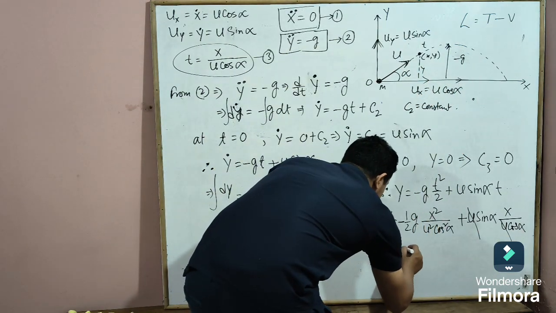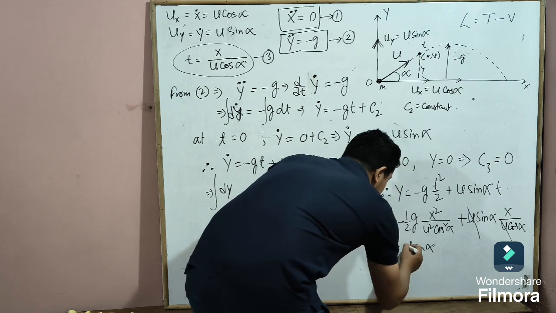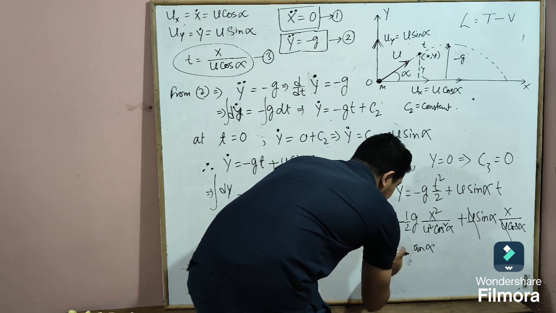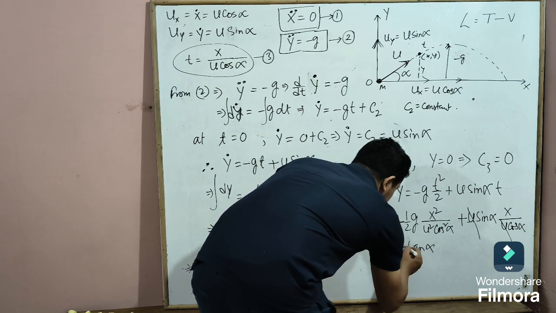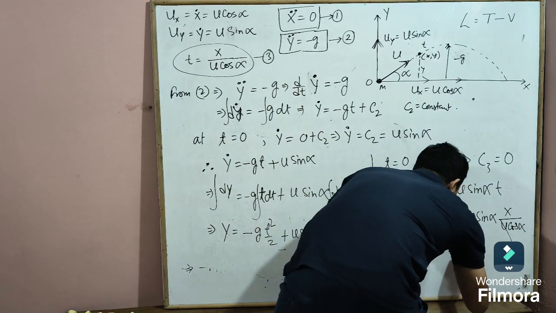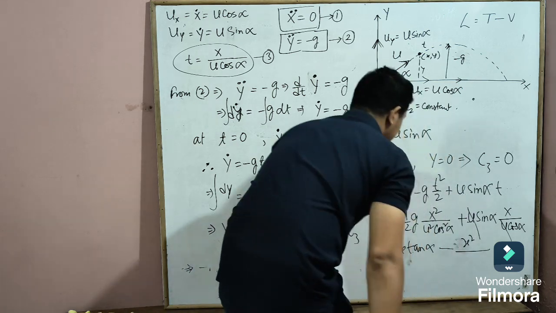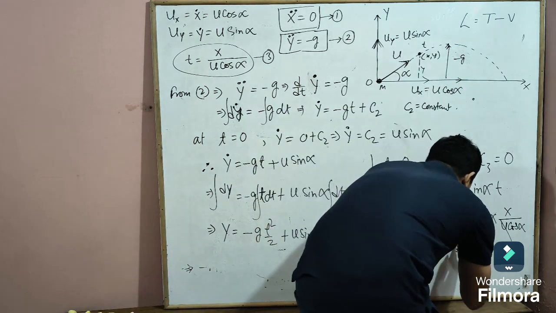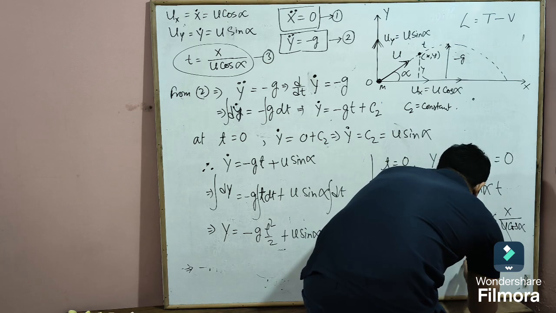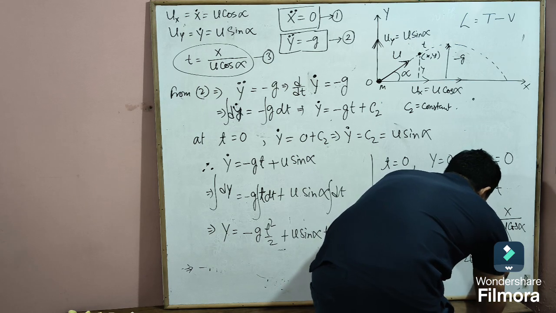So this equation becomes y is equal to x tan alpha minus half g x square, or you can write minus g x square by 2u square cos square alpha.